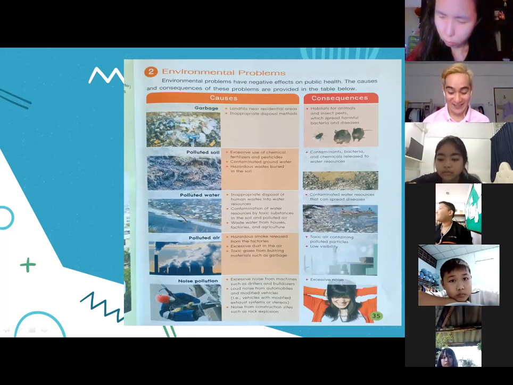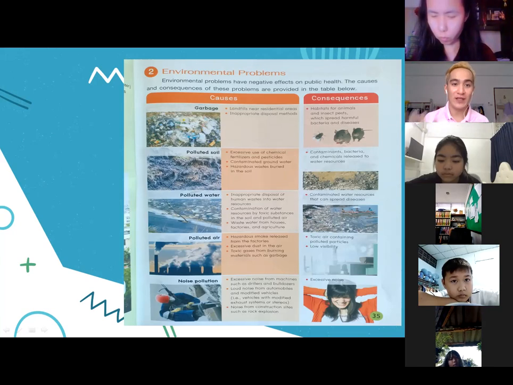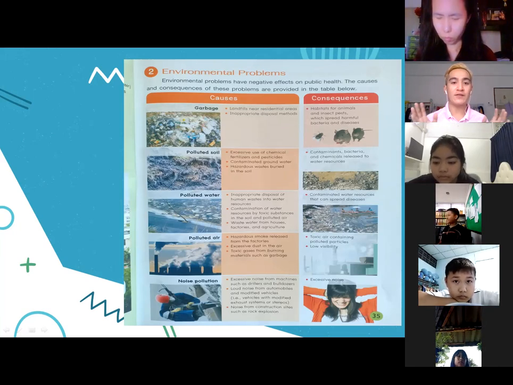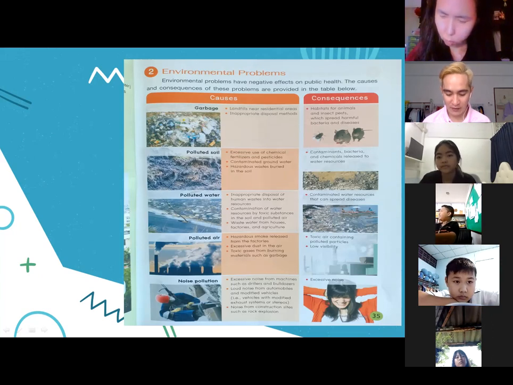But not just our poop, but the general waste of people. This is one of the reasons why we have polluted water, because we don't have proper disposal management, or we don't have proper trash cans for our waste.